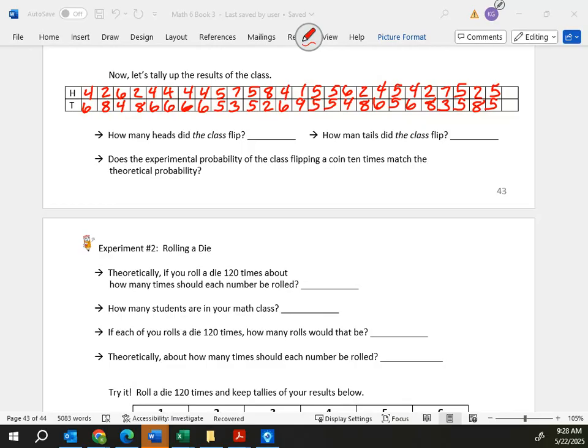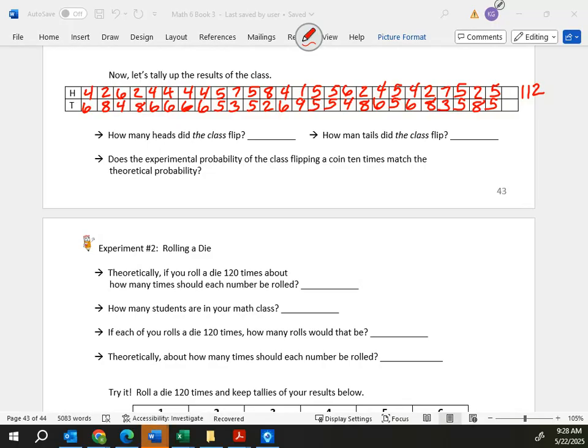I got 112. Is that what you got? What did the people get? Did other people get 112? Yeah. Okay, so if other people got the same as me, I think you might have missed one.